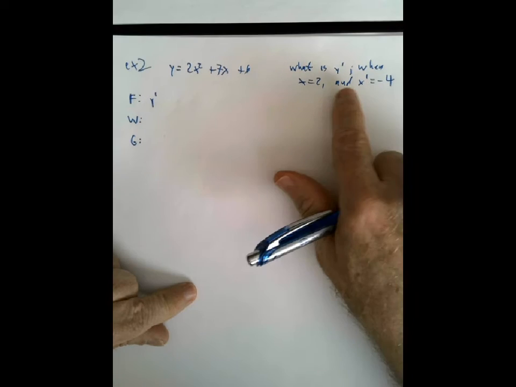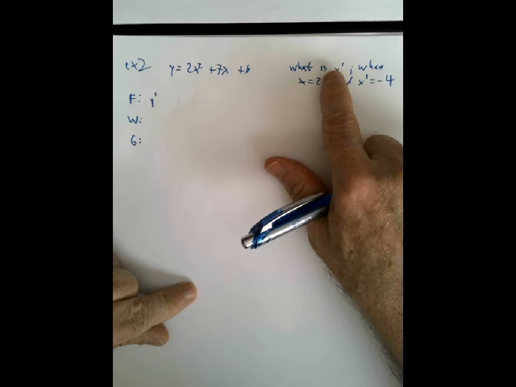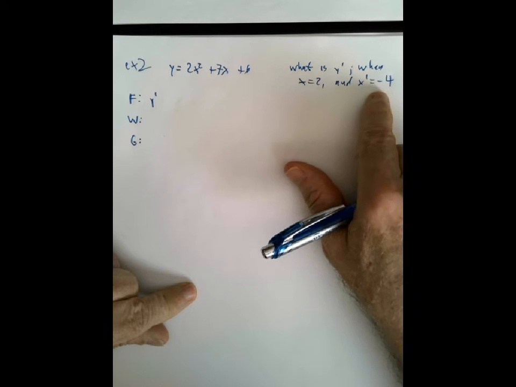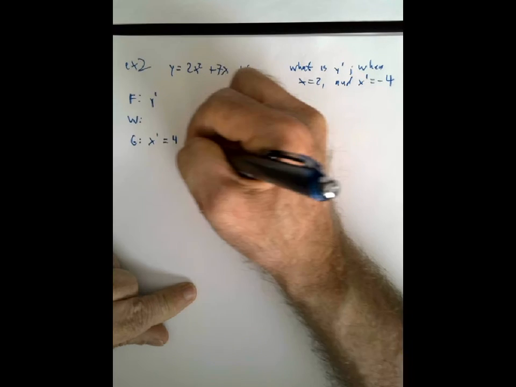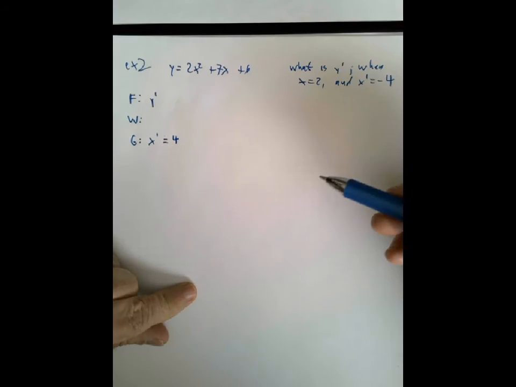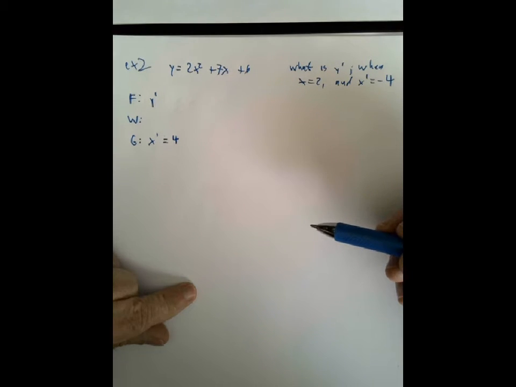As y is changing, x is also changing, and the other rate of change we're given is x primed. When we're solving for one rate of change, we're always going to be given another related rate of change.